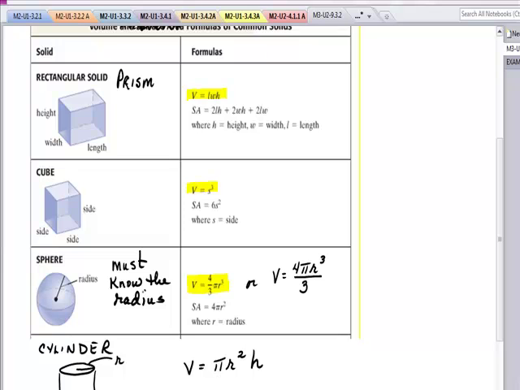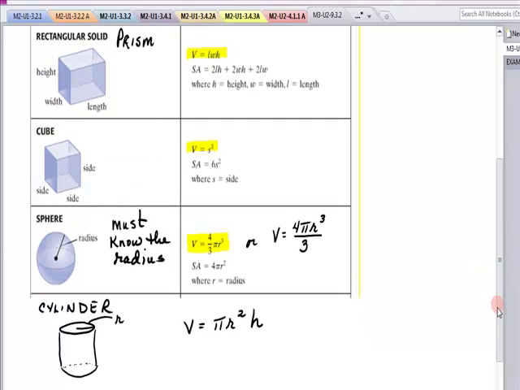You can't use the diameter. If you're given the diameter, you're going to have to cut it in half. And the formula is quite unusual, and I like this version a little bit better. It is 4 times pi times the radius cubed, radius times radius times radius, all of that divided by 3.